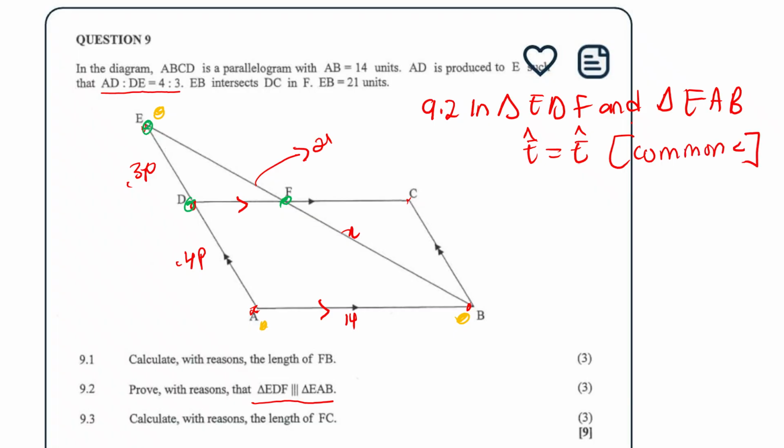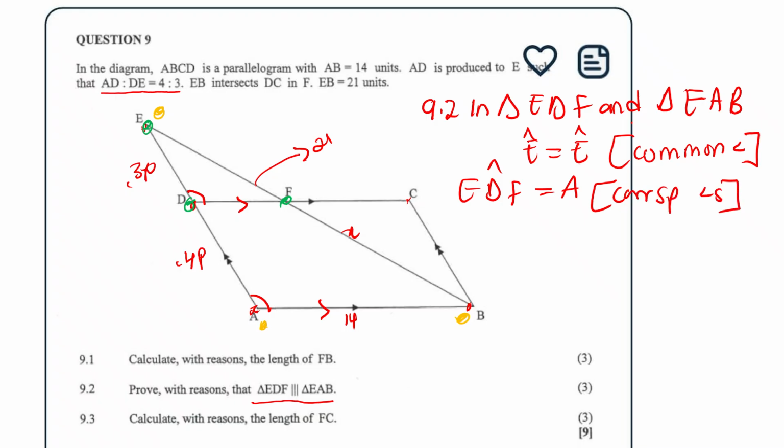We can also say that angle EDF is equal to angle A, the reason being corresponding angles.